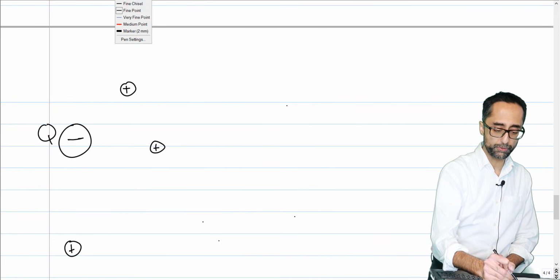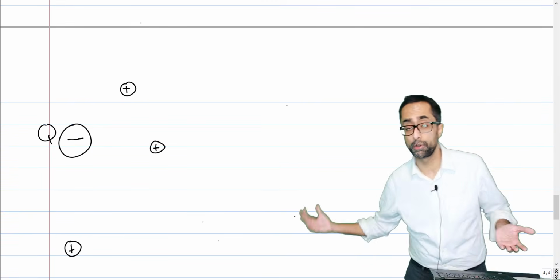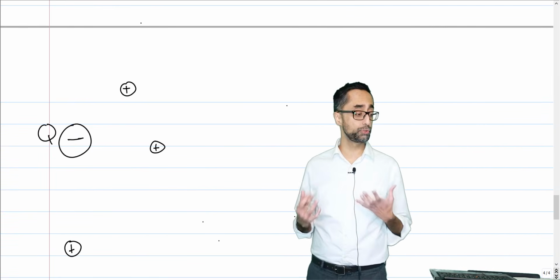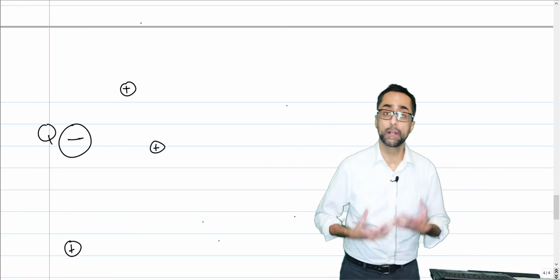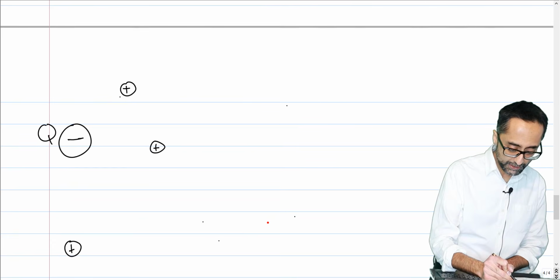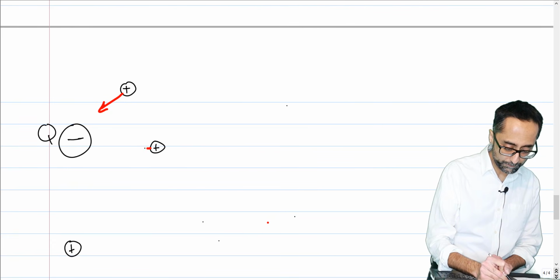These test charges are always positive, but now they are attracted to our capital Q. They're attracted to that negative charge, and so the direction of force is like so.